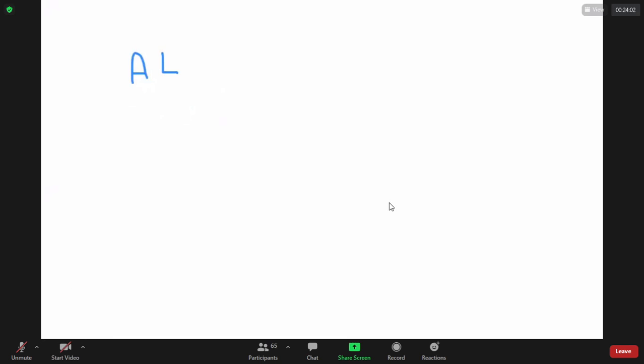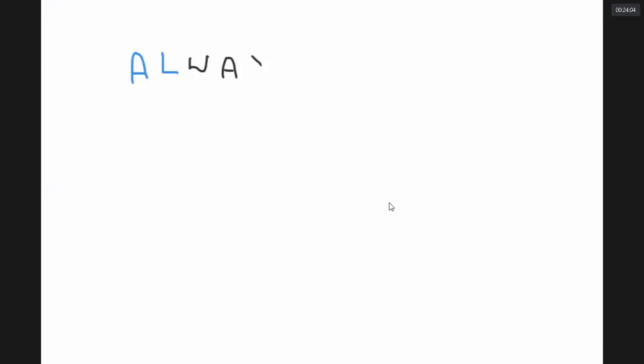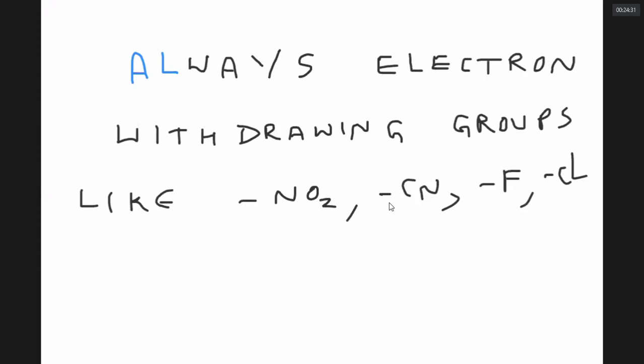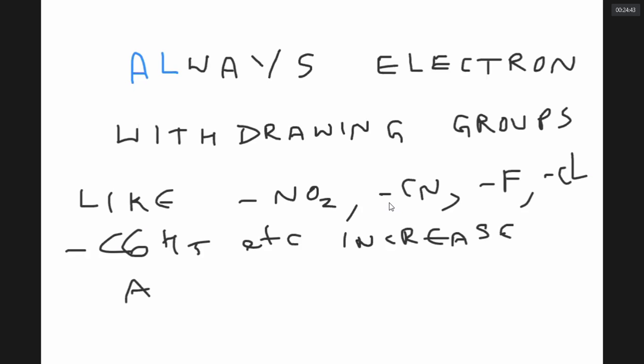I will write in capital letters always: electron withdrawing groups like NO2, CN, fluoro, chloro, C6H5, etc. increase acidic strength.